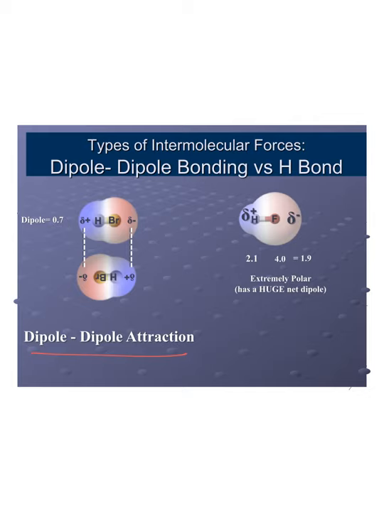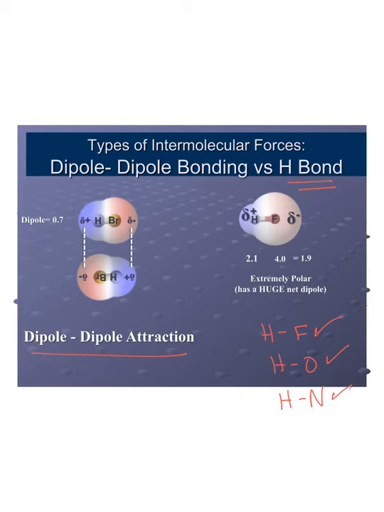And here is what we're going to see. When hydrogen bonds directly to fluorine, oxygen, or nitrogen, then we have a situation where a hydrogen bond could form. These have to be bonded directly to those specific atoms, and the molecule has to be polar.